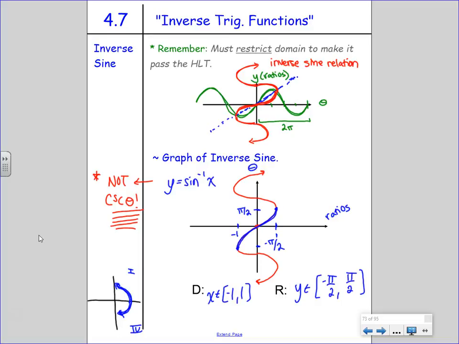What was a zero for tangent is a vertical asymptote for cotangent. Cotangent shifts and flips. So he had a vertical asymptote at 0 and at pi. What's his period still for cotangent?